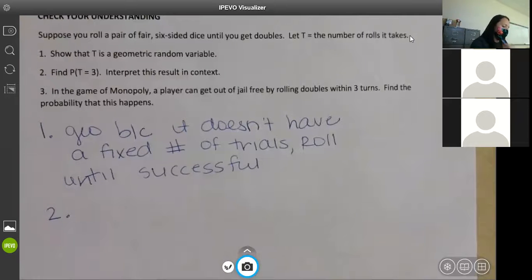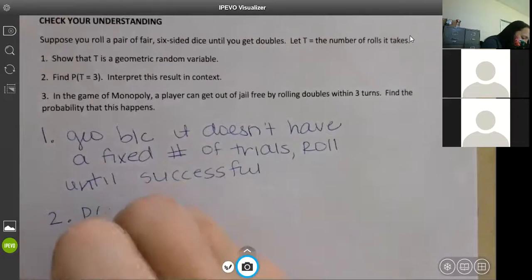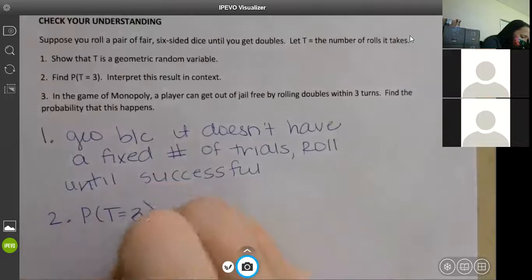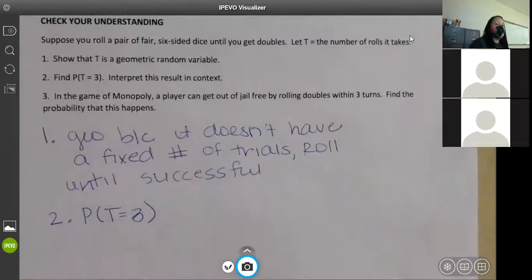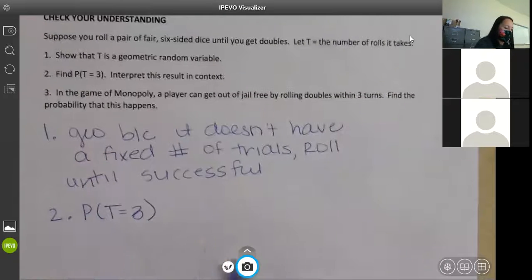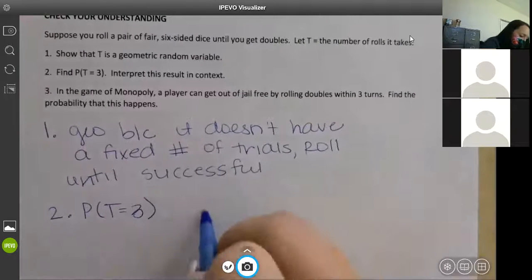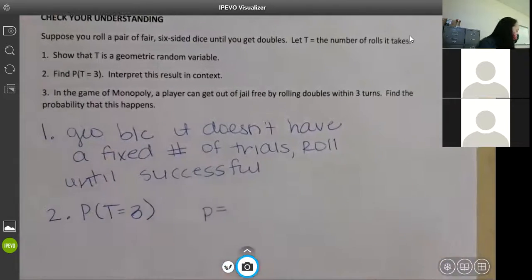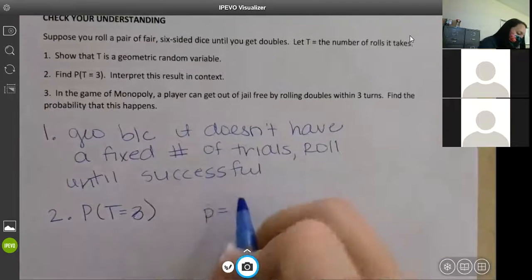All right, number 2. Find the probability that t equals 3. First of all, I need to know what my p is, not this p, but my little p. What is my probability of success for rolling dice? 1 out of 6.